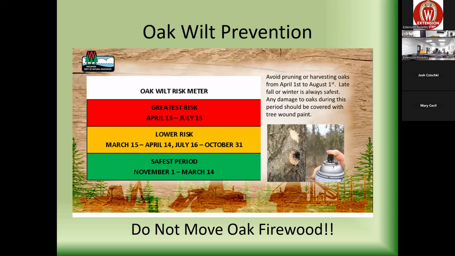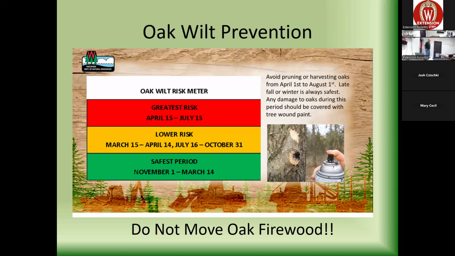Once we had those restrictions in place, we rarely saw that, and definitely not to that extent of oak wilt popping up. It can still come up with windstorms or other agents where it's going to cause an injury to an oak tree, but it definitely reduces the amount.